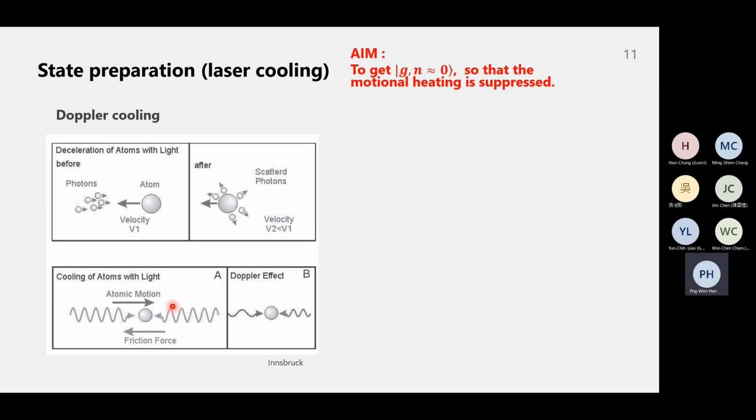This gives resonance between the ion and the red detuned laser in this direction, so it will absorb the momentum and decelerate the ion. As for the light from the other side, it won't have this effect because the laser is originally red detuned, plus it sees a red shift, so it cannot be in resonance with the ion.